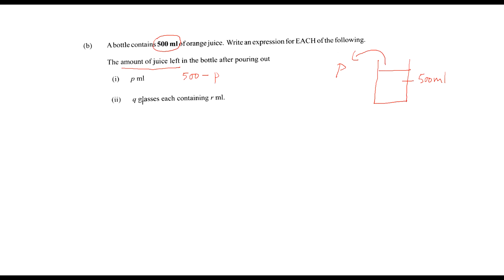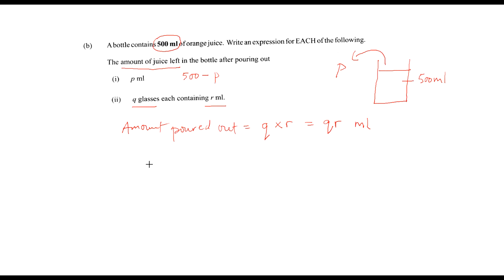In part 2, they said you pour out Q glasses, each containing R. So the amount that was poured out is equal to, you had Q glasses, and each of them contain R. So therefore we have QR milliliters being poured out.